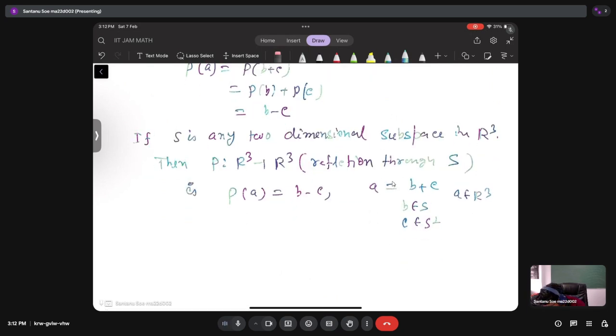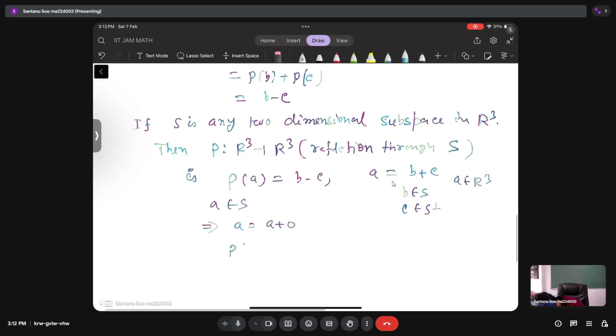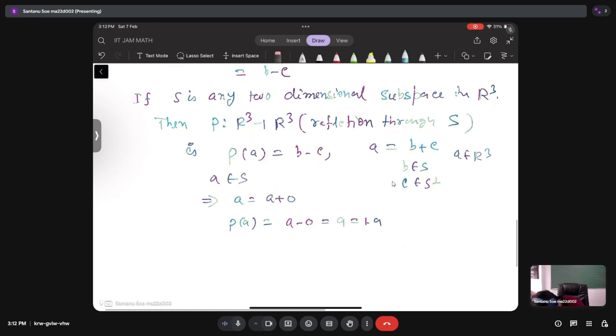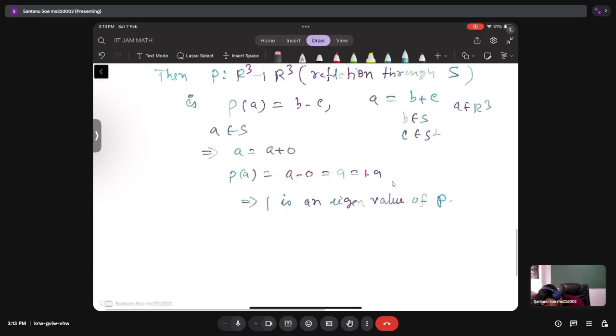Okay, so now we can find out the eigenvalues of P. First try to see that A belongs to S will imply A equals A plus 0. That means the reflection of A is A minus 0, which is A, which is 1 times A. So that means 1 is an eigenvalue of P. Again, the dimension of S is 2.